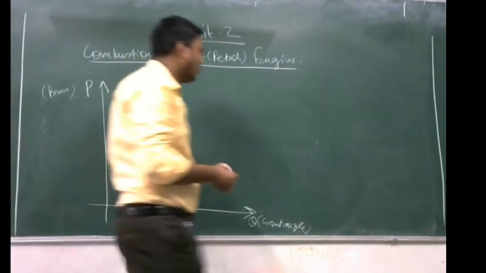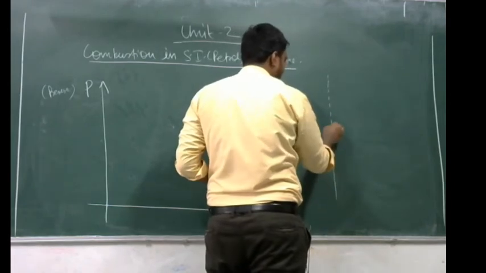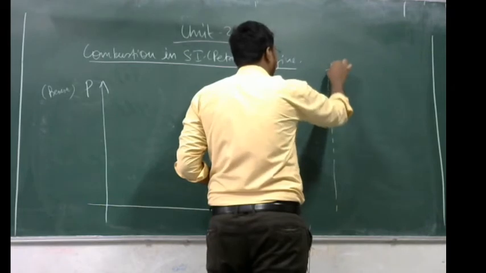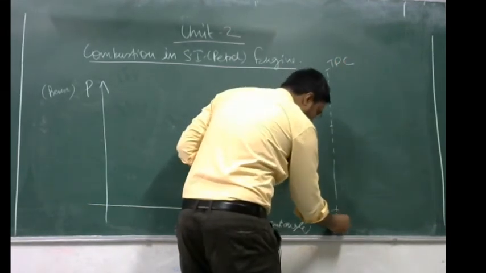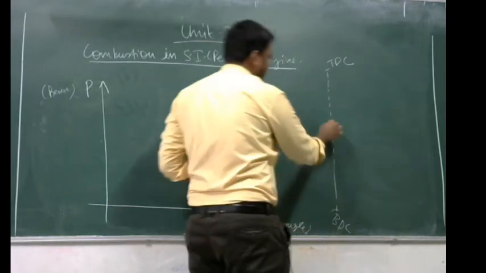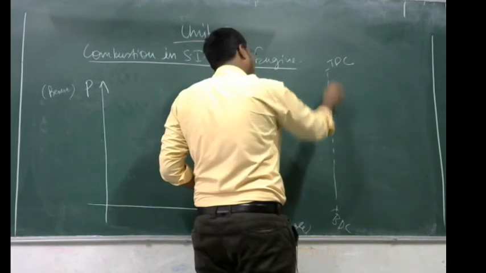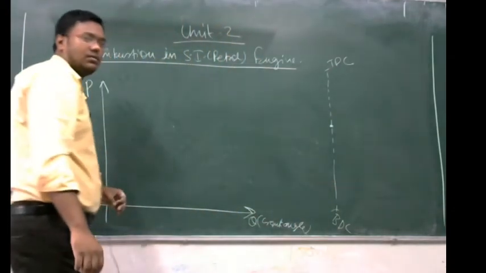In the valve timing diagram, this is the origin, this line represents TDC, and the bottom line is BDC. This is the center, and this is the crank.